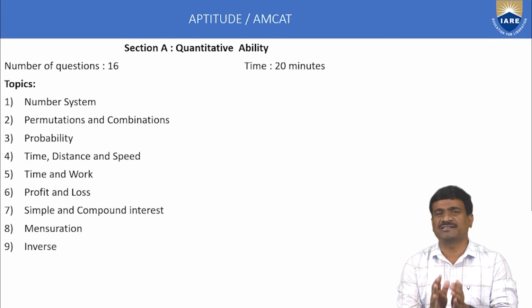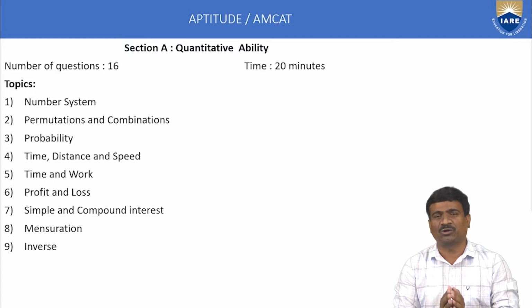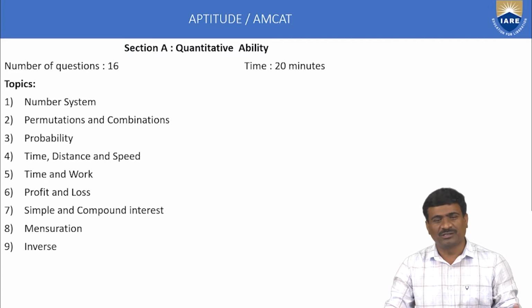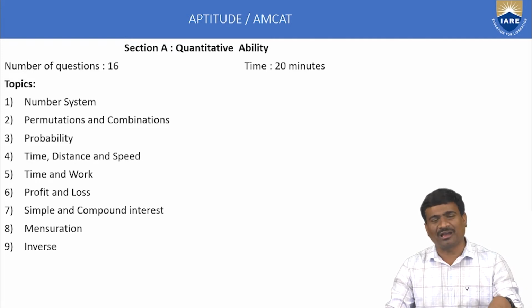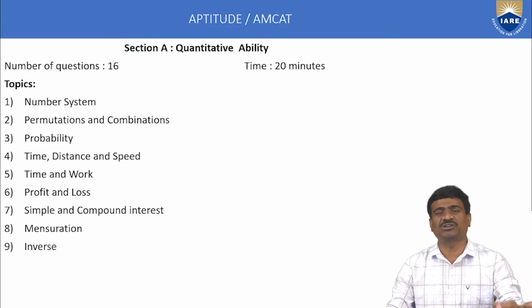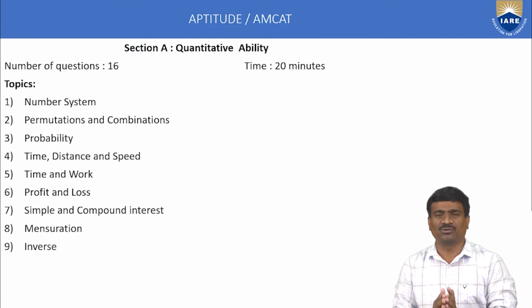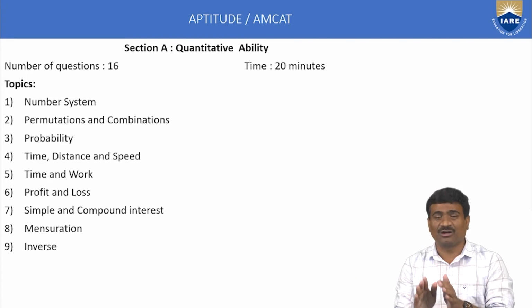Examples in time, distance and speed: it is one of the most important and lengthy topics in quantitative ability. In total we have 6 subtopics in time, distance and speed. These topics are not needed in the AMCAT test pattern. You need only the application of the topic. That model only is important to AMCAT. Other models are important to TCS, Infosys and other competitive exams, not for AMCAT.